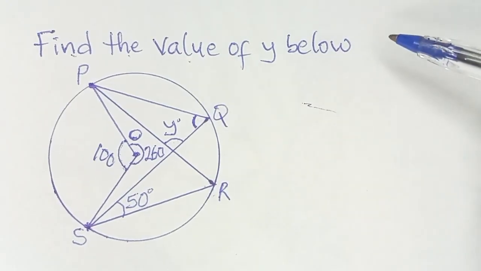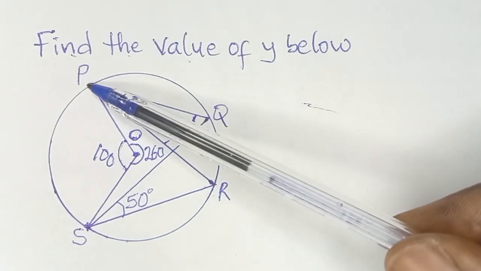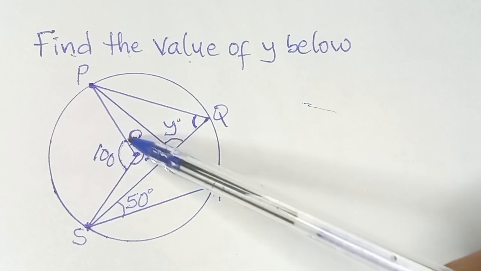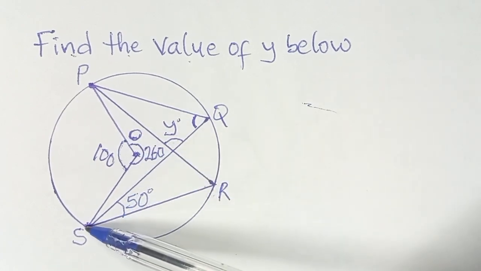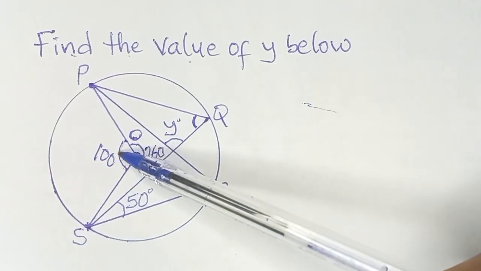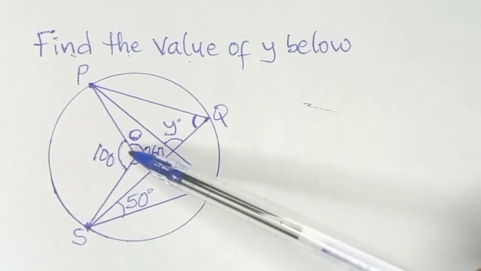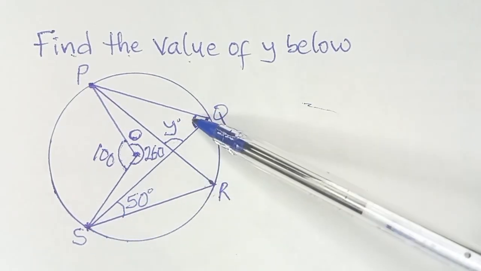Similarly, from the same points P and S, I have a line going to the center of the circle. I have another line moving from S to the center of the circle, and they both form this angle 100 degrees.